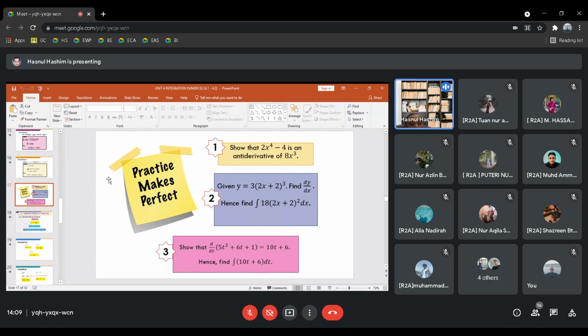And then here, when we differentiate this one, we find 18x squared. So we just multiply. Okay, so here when we differentiate this one, we have 10t plus 6. So when we integrate, we have back the 5t squared plus 6t plus c.